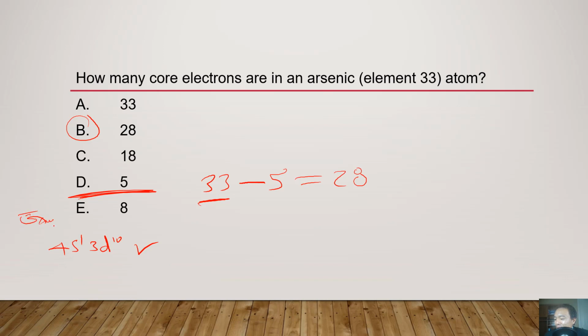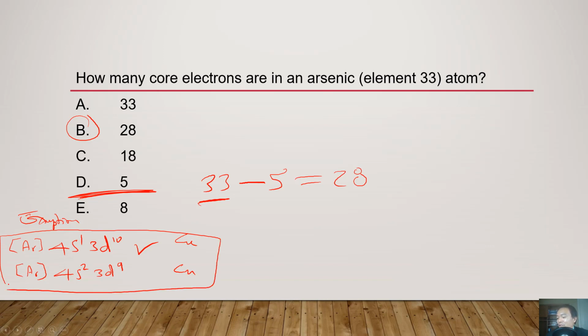This is the exception. But if you have 4s2 3d9, that's actually wrong. This is for copper. We went over that example, but I'm going to put it here in the summary.